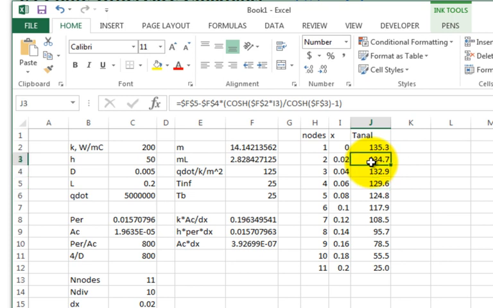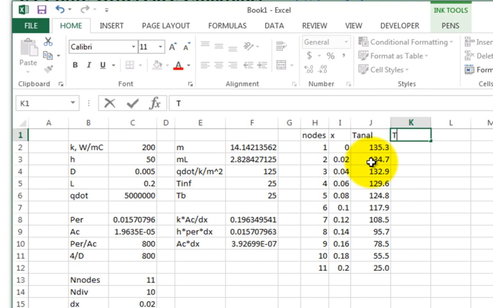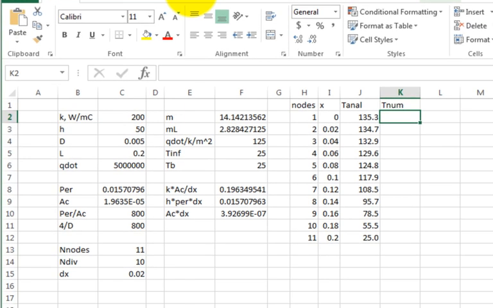But the purpose is not to implement the analytic, it's to actually implement the numeric. So we're going to be looking for the numerical temperature. There are a number of ways to solve it, but I'm just going to guess it and then use Solver, which is built into Excel, to solve for it. Let me scoot this up a little bit. All right, so let's go ahead and start guessing.